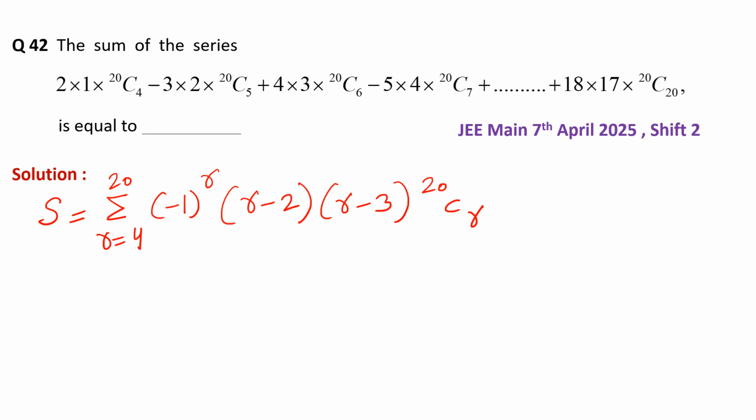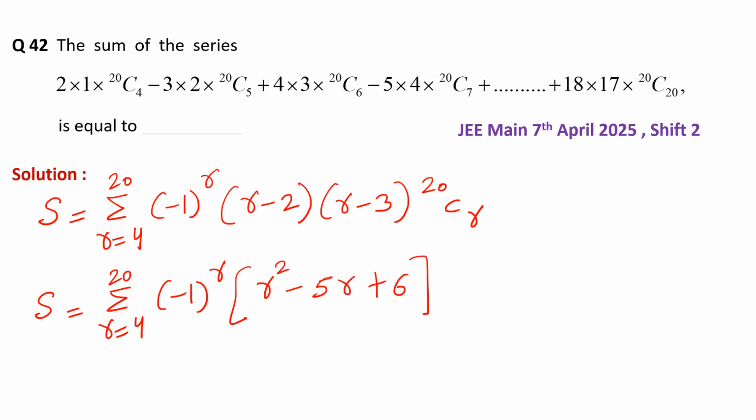Now students, I can rewrite S equal to summation r varying from 4 to 20, (minus 1) to the power r into. Now when I multiply (r minus 2) into (r minus 3), I get r square minus 5r plus 6, and into we have 20Cr.